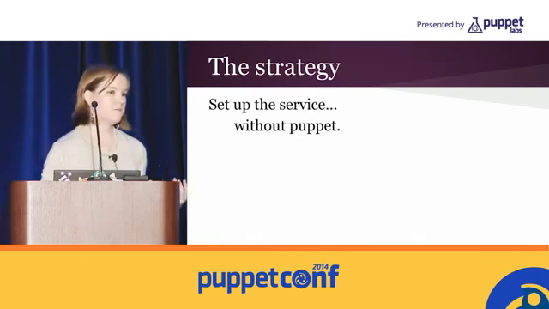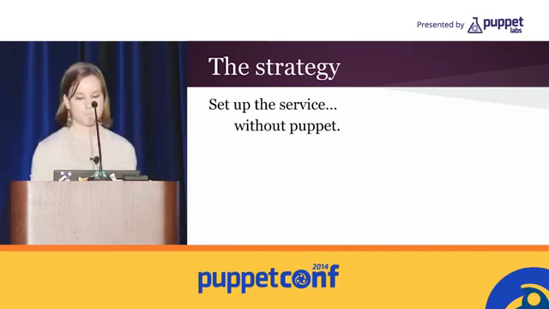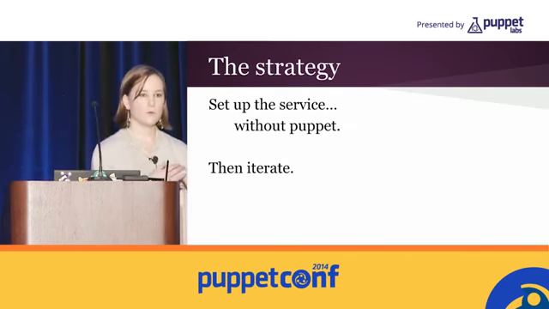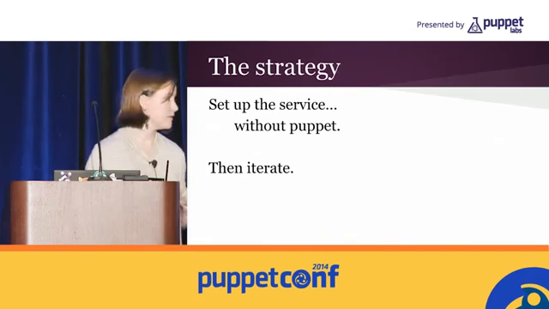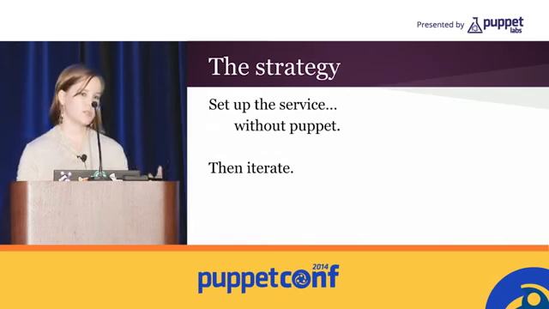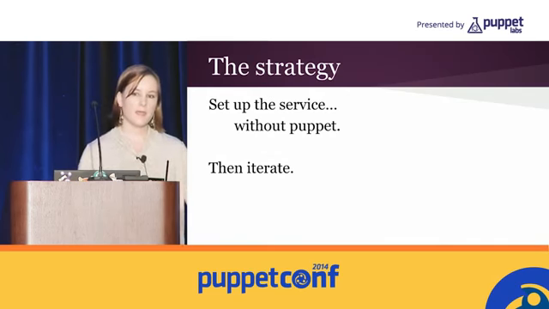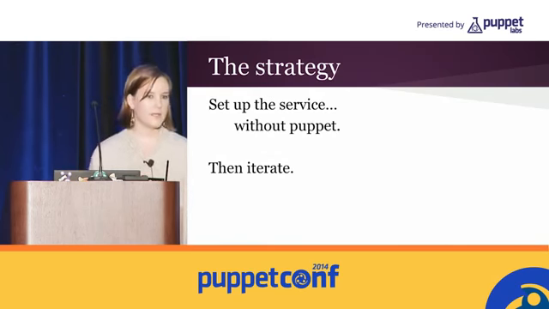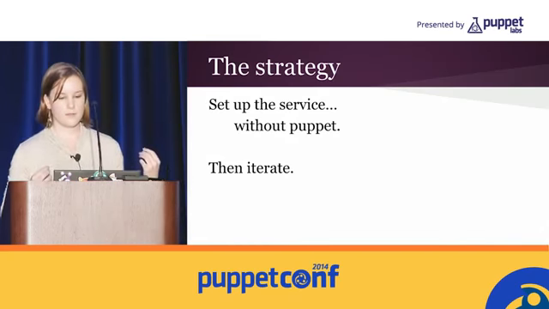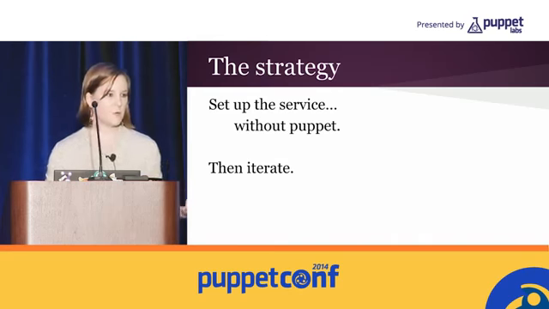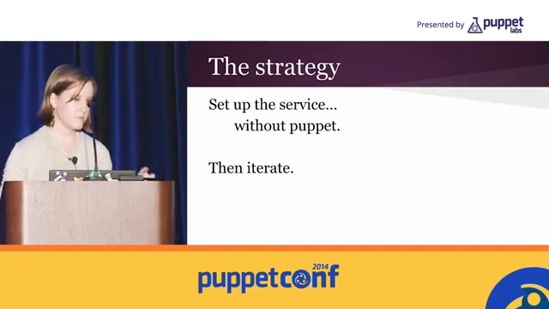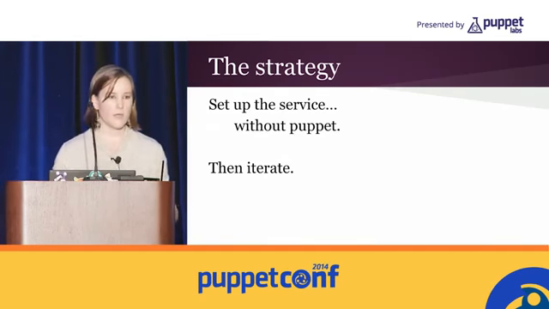Then once you actually feel comfortable with setting the service up manually, then you start iterating. You write Puppet code, you make sure it compiles, maybe swear at it a little bit, and then make sure your service is still running, and then wipe your VM and run your Puppet code again, because what happens a lot is you will, in the course of setting up this service or debugging your Puppet code, you will have accidentally ninja'd something in, and Puppet doesn't know about it and can't automate it.